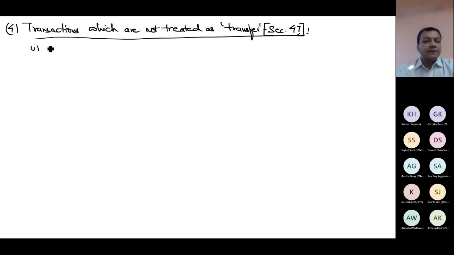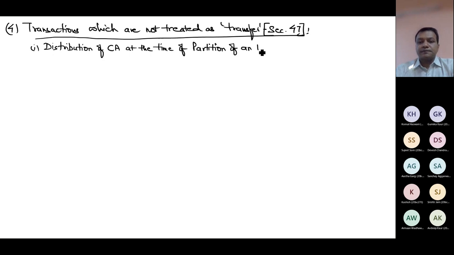Distribution of assets at the time of partition of HUF. If I'm writing assets, by default you must understand that I'm writing capital assets. Distribution of capital assets at the time of partition of HUF. Section 47 clause 1.